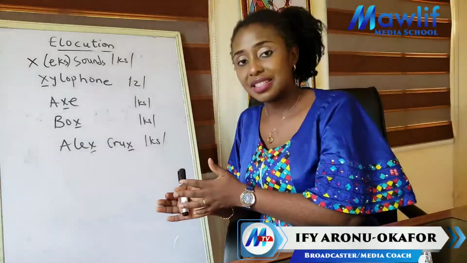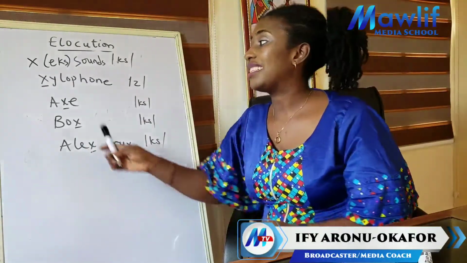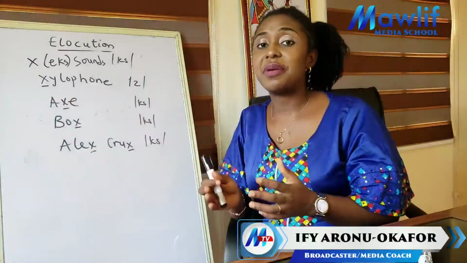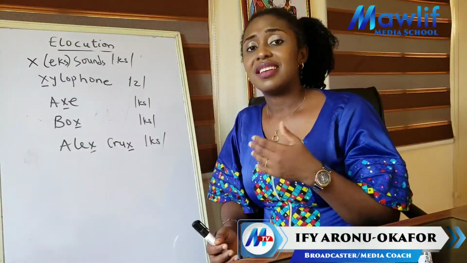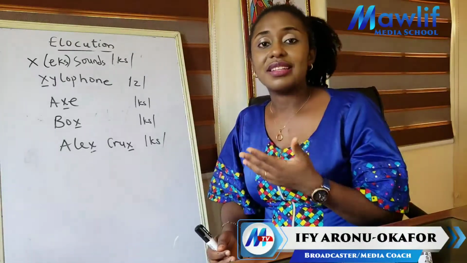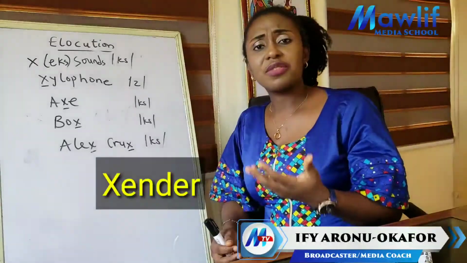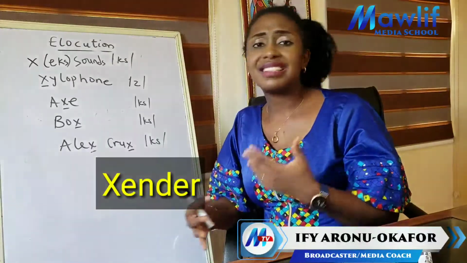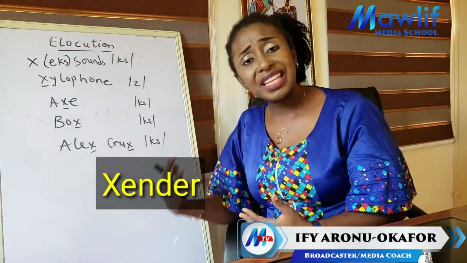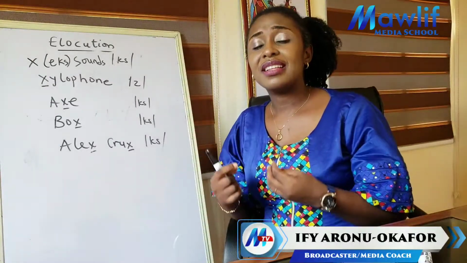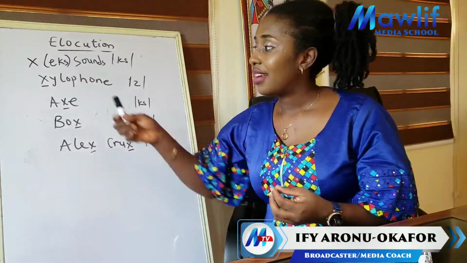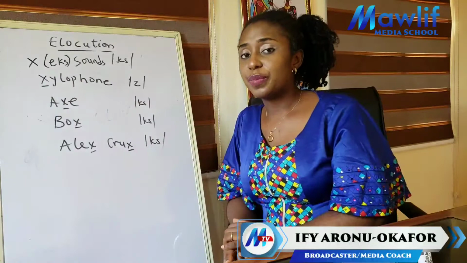Final, that is the last position. There are lots of words like that, words like Xerox, a lot of them, even acronyms and the likes, names of brands, names of places, where you find the letter X there in the initial position.